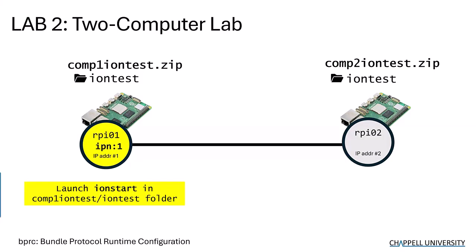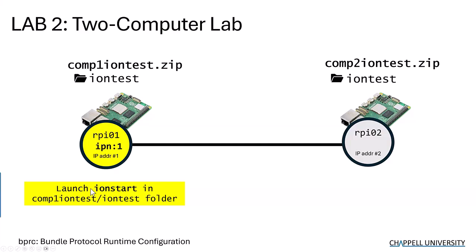When we go to the first node, IPN node 1, and launch ion start in that folder, it starts up and, based on the configuration settings we've got in there, immediately starts trying to make a TCP connection over to rpi02, because our configuration files, which I will show you, are looking for rpi02 out there.